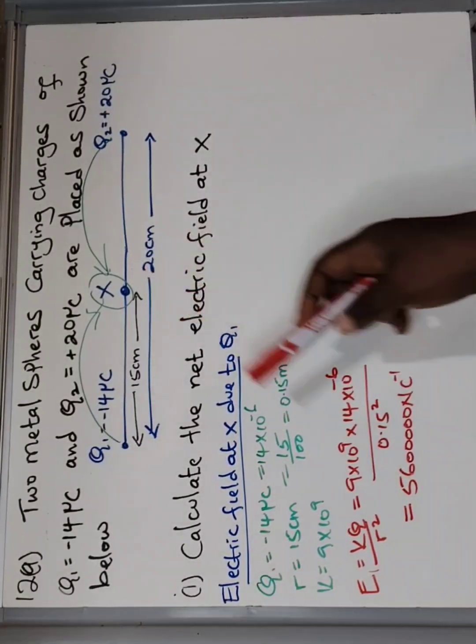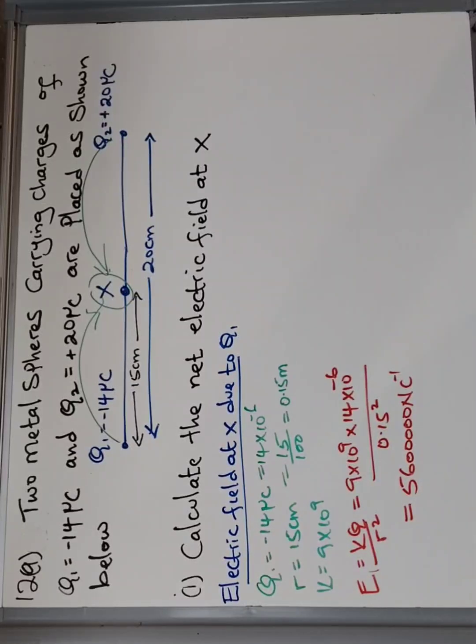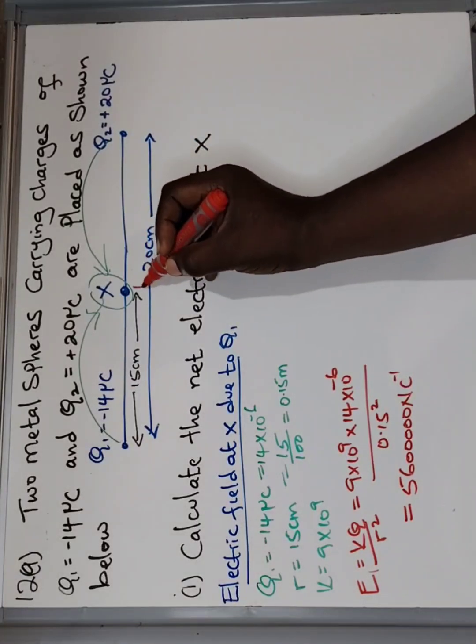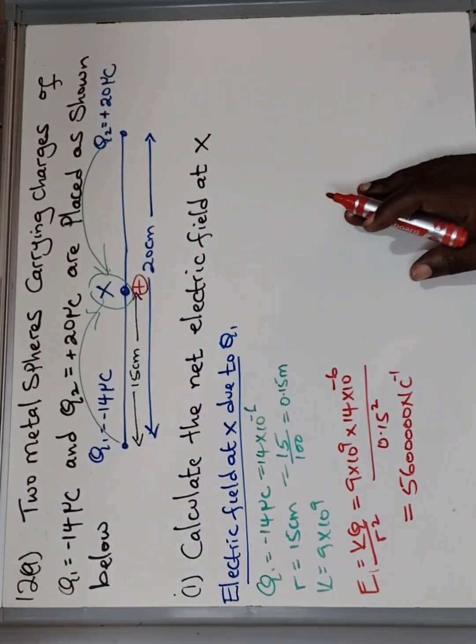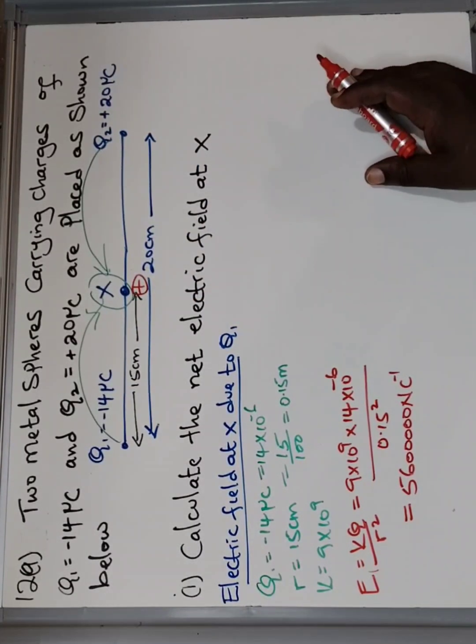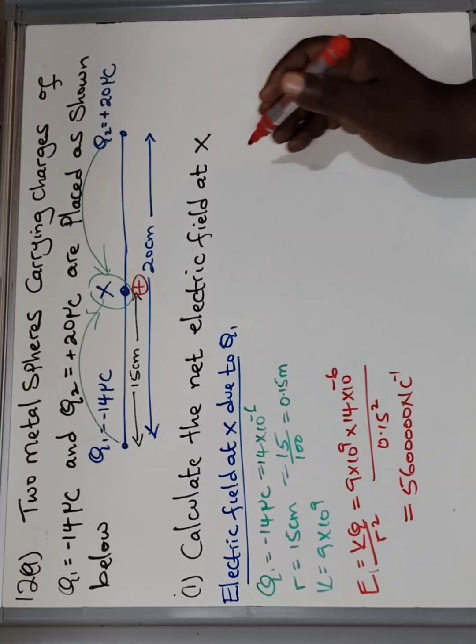The next step is to determine its direction, because you have to know that electric field intensity is a vector quantity. It has magnitude and direction. So how do you get the direction? You come at your point and you put a positive charge. And where the positive charge goes is the direction.